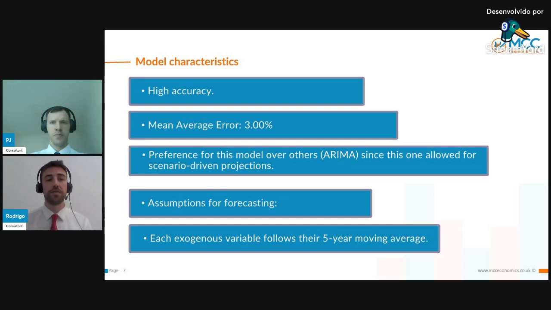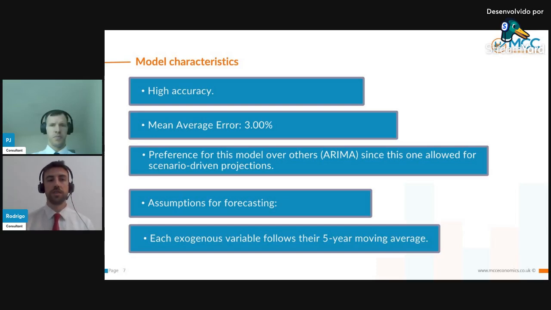As you may recall from our first session, the IMF, for example, had a model with an MAE of 5%, so that was a big difference. Our REMA model had an MAE that was a little bit larger, 3.12 if I'm not mistaken, so fairly close, but still a bit better. We did prefer this model over the ARIMA, which again was very close, because this one allowed for scenario-driven projections.